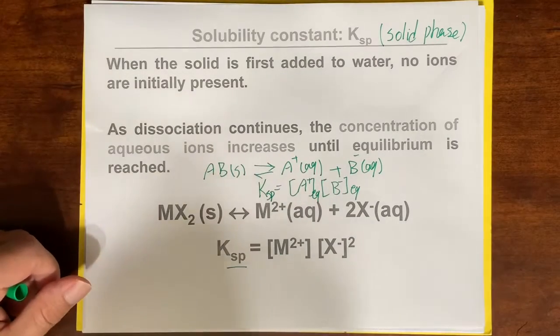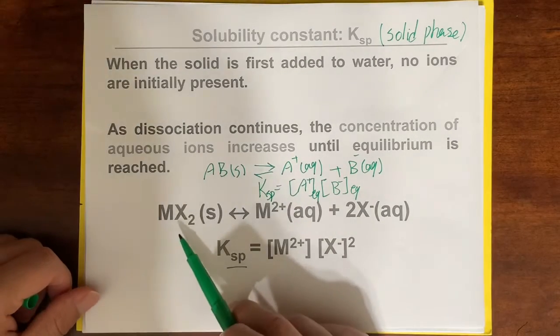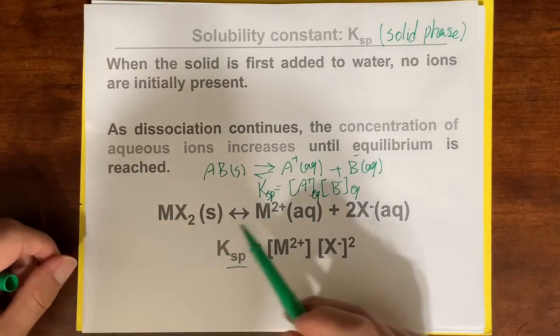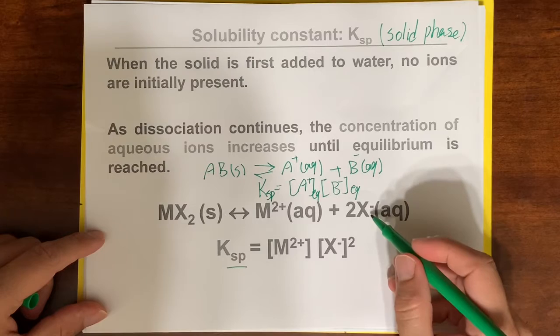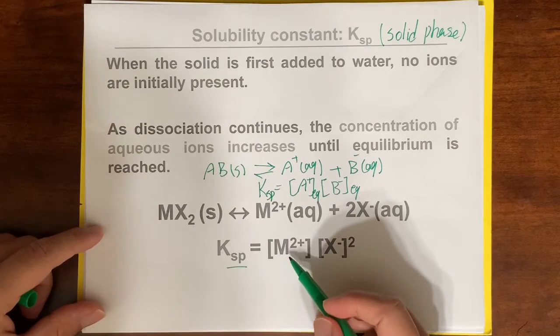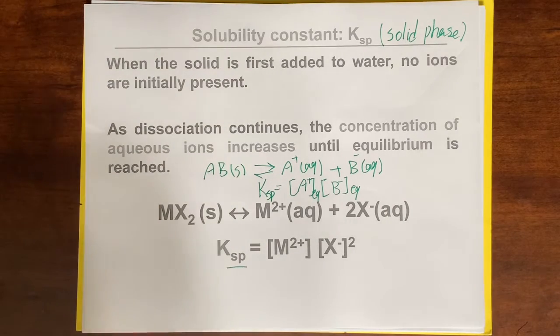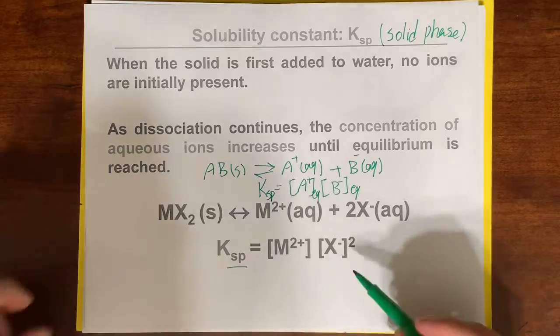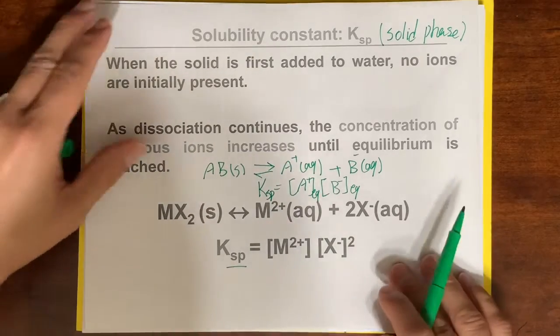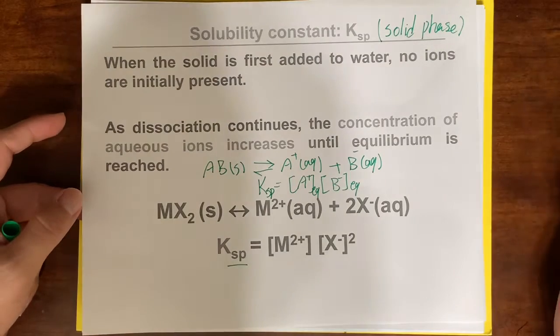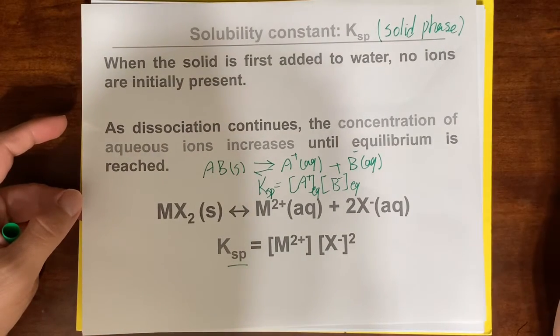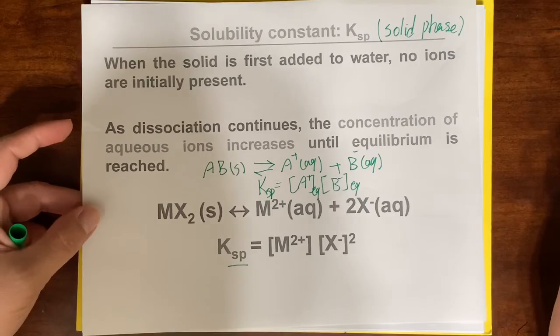for solid phase. In this case we have MX2 solid under equilibrium with M2 plus and 2X, so it will be the concentration of M 2 plus multiplied by the concentration of X to the second, because we have 2 from X. So it's not really something different from the normal K that we write for any chemical reaction.